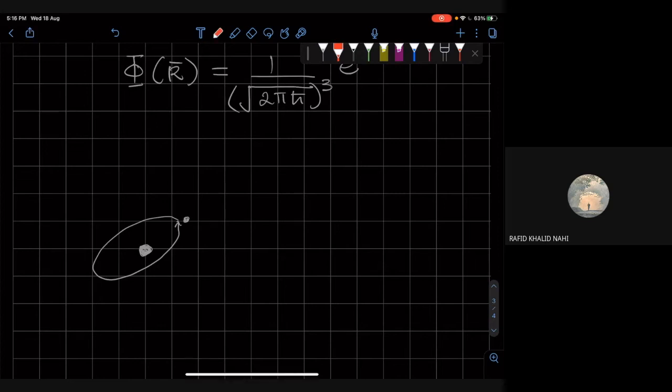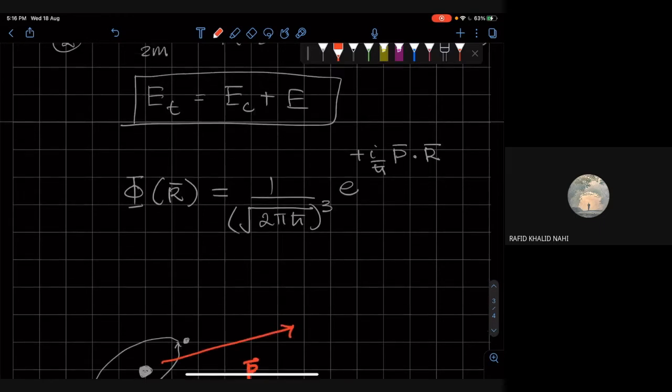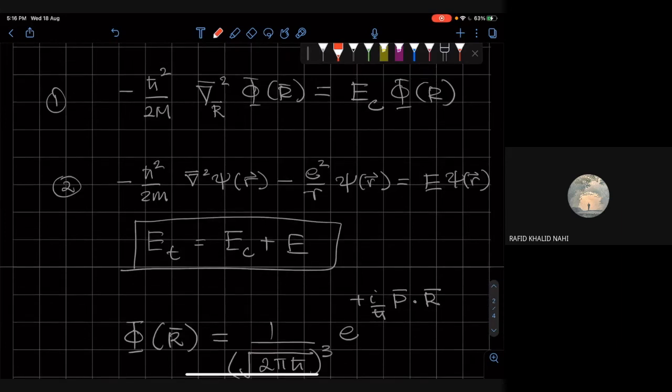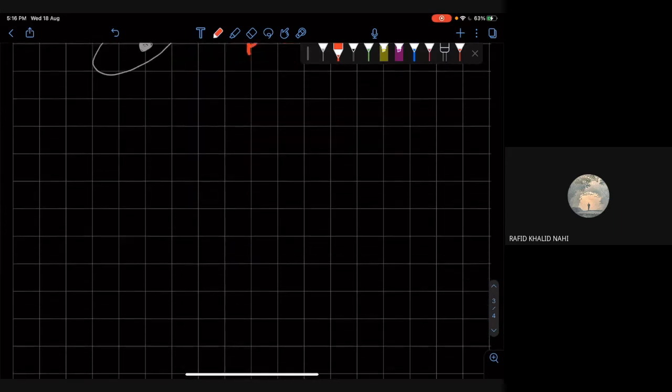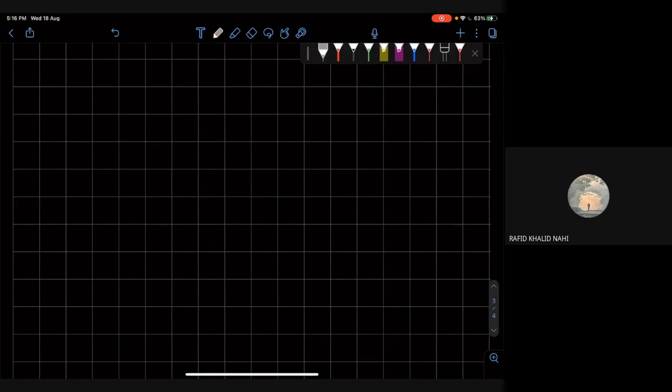We expect the whole system to go through life in some rectilinear fashion, right? So which is the motion of a free particle, and it'll have some total momentum p, and that is basically given by this momentum associated with the center of mass, and that is given by this, right? So this is expected. Physics works. So the interesting equation is really the equation number 2, right? So that's the interesting equation.